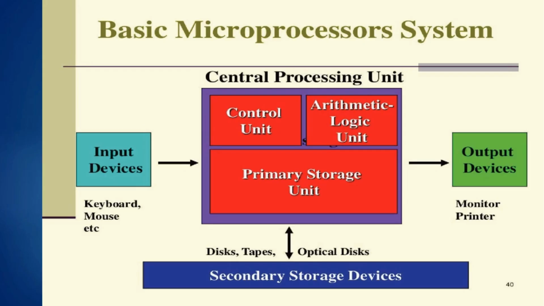Here I have the central processing unit, the CPU. In the CPU I have a control unit and an arithmetic and logical unit, a primary storage unit, that is a memory unit, and also some input devices, output devices, and a secondary storage device. It looks like a small computer. In the arithmetic and logical unit, we perform a lot of mathematical and logical operations.